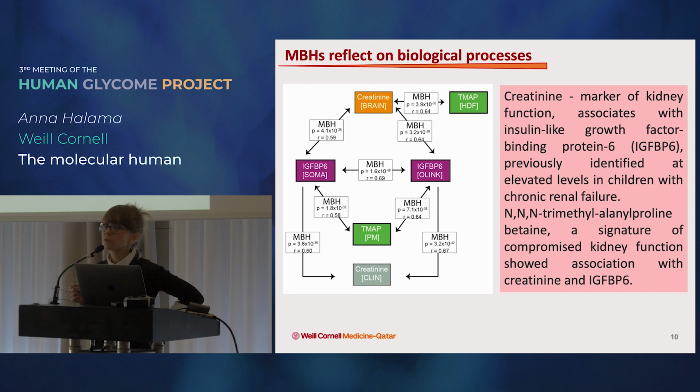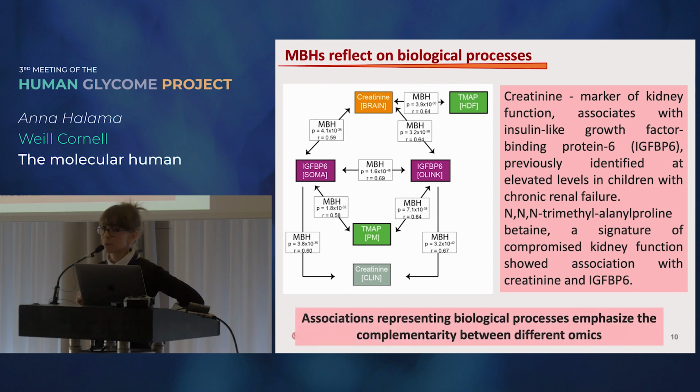Both are known to be involved in kidney function, especially IGFBP6, which was identified as upregulated in children with kidney failure. And those molecules are linked with another metabolite, which is also a molecule suggesting compromised kidney function. With this example, I'm emphasizing the complementarity and the biological functionality described by all those platforms, which can be linked together by, for instance, mutual best hits.